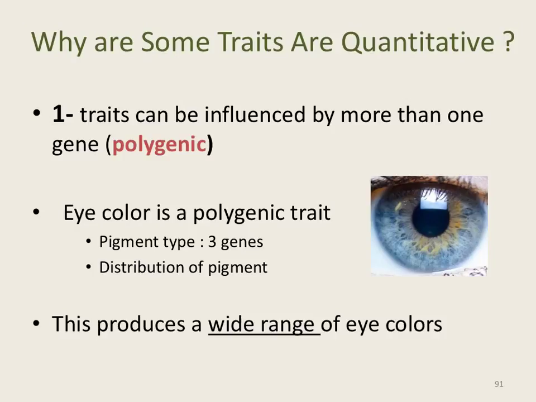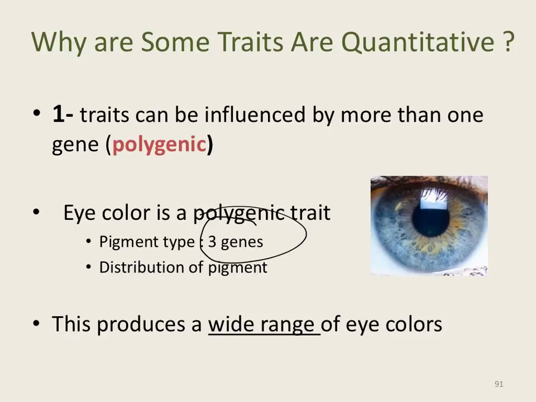Okay, so eye color, pigment types. There's 3 different genes. And so you have different distribution of pigment. Now, that's why you sometimes see all different colors of blue eyes.